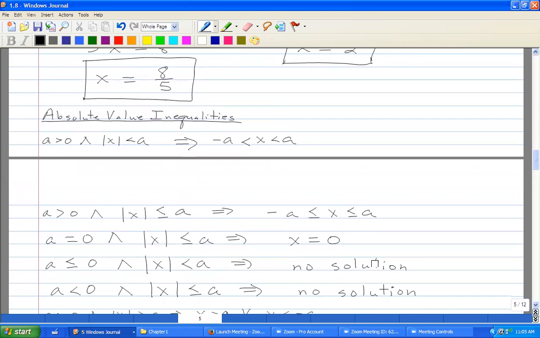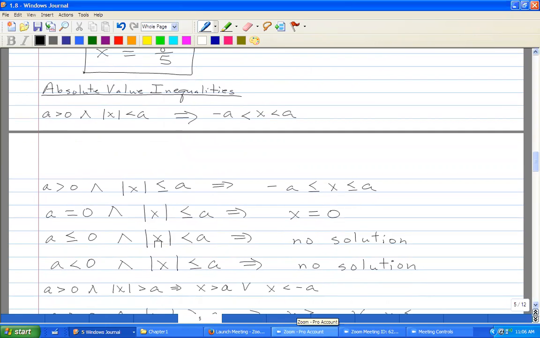Now I'm doing the case where a is 0. If the absolute value of x is less than or equal to 0, well, you can't have the absolute value of x less than 0, because the absolute value is always non-negative. So the only solution is x equals 0.